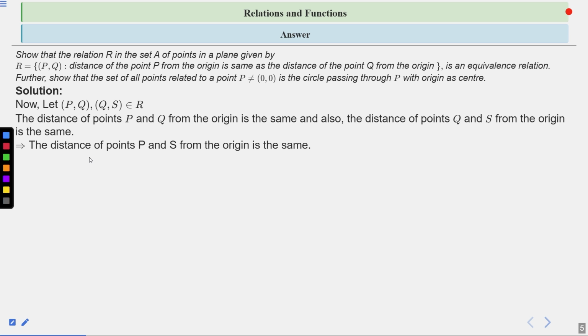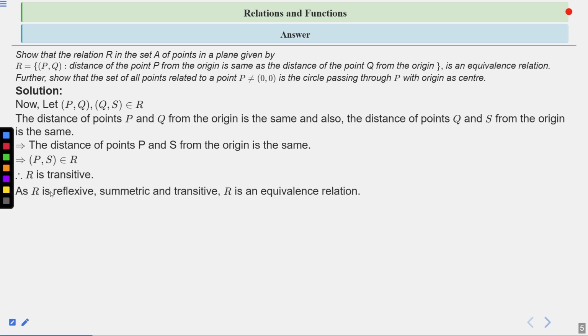So we can easily conclude that the distance of points P and S from origin is also the same. So the (P, S) pair also belongs to the relation R. Therefore, R is transitive. So we have shown R is reflexive, symmetric and transitive, which implies R is an equivalence relation.